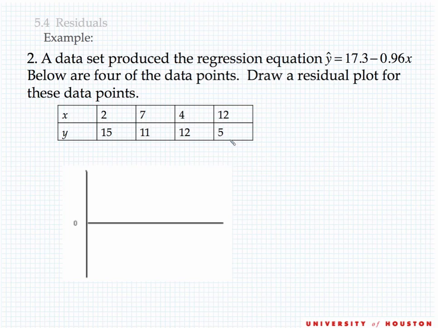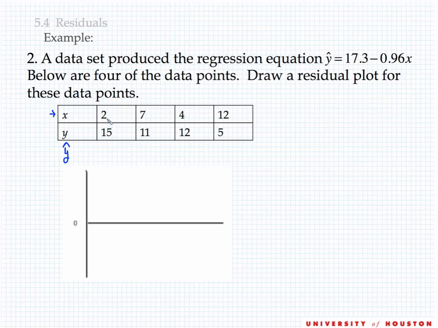Here's another example. Suppose we have this data set and the equation is 17.3 minus 0.96x. I want to draw the residual plot. Now before we do that, we need to find all the corresponding values of y hat for each of our x values.